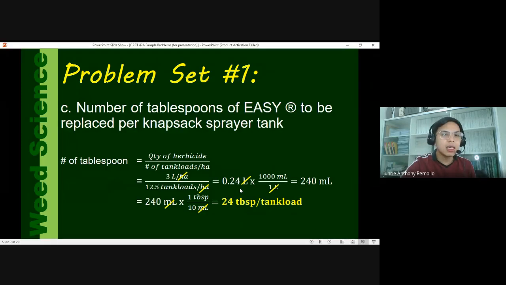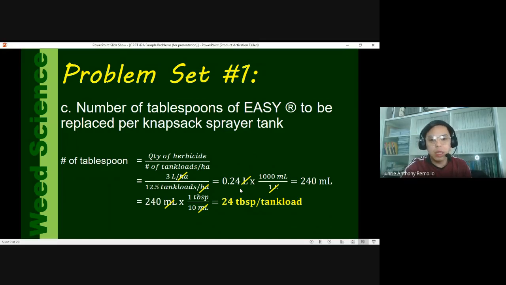And letter C, the number of tablespoons of EC herbicide to be placed per knapsack sprayer tank. In order to obtain the number of tablespoons, we need to divide the quantity of herbicide which we have computed earlier by the number of tank loads per hectare. So 3 liters divided by 12.5 tank loads per hectare equals 0.24 liter.